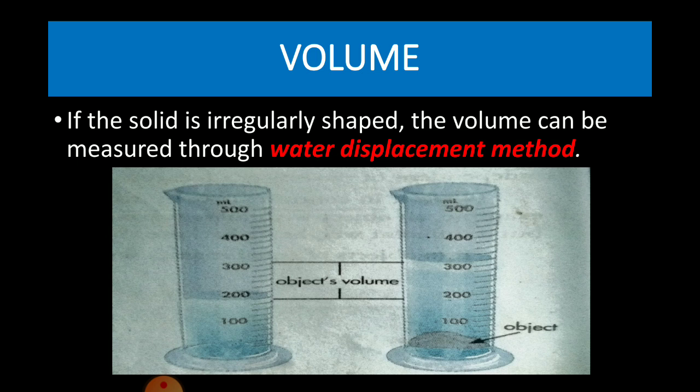To get the volume of that irregularly shaped object, we just have to subtract the initial water level from the final water level. The final water level is 300 ml, and the initial water level is 200 ml. Subtracting them, we have 100 ml. Therefore, the volume of that irregularly shaped object is 100 ml. That is what we call the water displacement method.